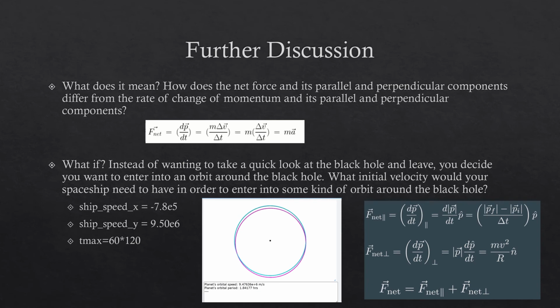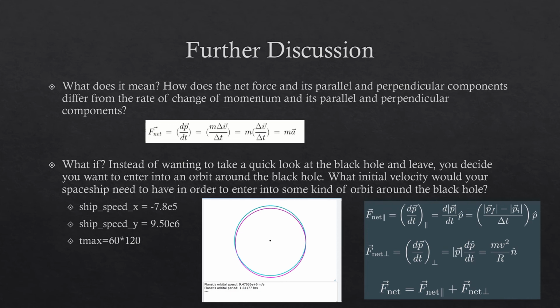As for further discussion, how does the net force and its parallel and perpendicular components differ from the rate of momentum? Well, FNet here is dependent on mass, and in this case, as shown in this equation, change in velocity over change in time. This is much different from the change in momentum, where you can simply get that through P final minus P initial over the change in time.